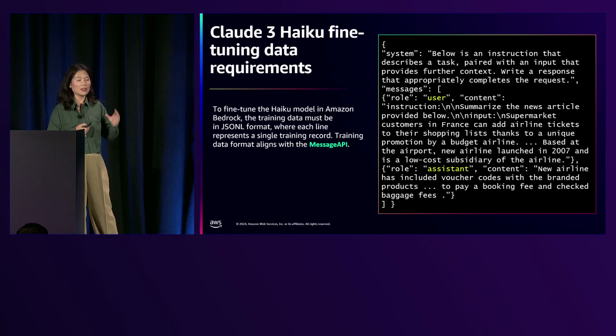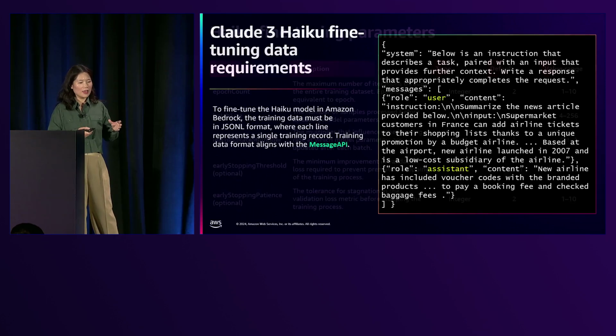These two roles need to alternate between each other, and we support multi-turn conversation. That means in each JSON line you can have multiple user and assistant turns, but just make sure they alternate between each other, and they need to follow the Messages API format here.